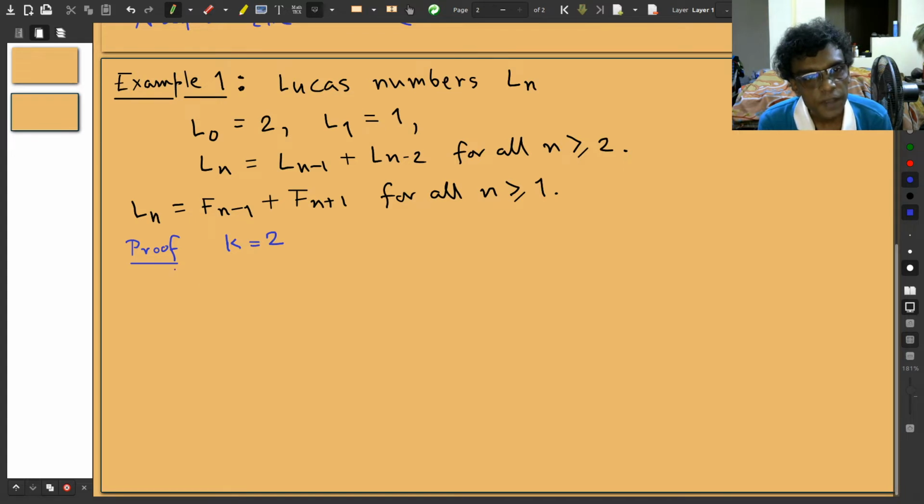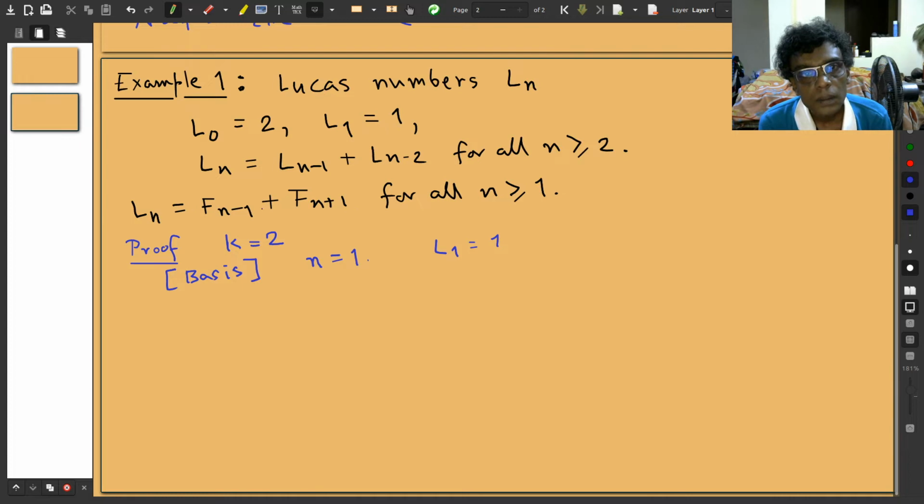So in the basis case I will have to prove for n equal to 1 and n equal to 2. So there are two basis cases. n equal to 1. Then what does it say? L1 equals 1.